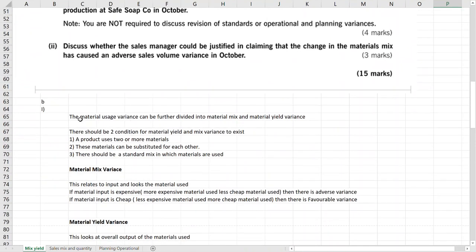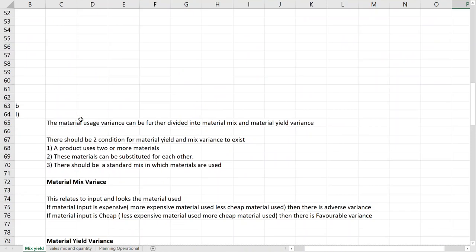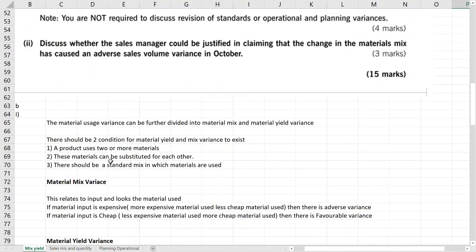Okay, so what is material mix and yield variance? A general explanation. The material usage variance that we studied was whether we use more or less material than standard. Using more material was adverse, using less material was favorable.